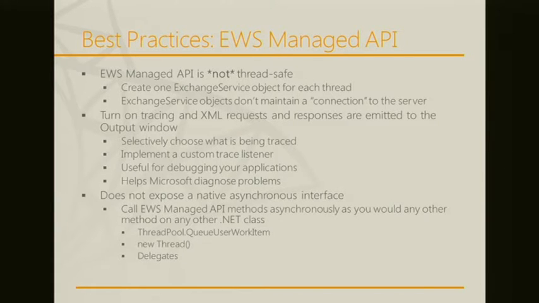You can make use of traces, because they emit XML requests and responses. You can hand them over to Microsoft support, which can tell which schema version it's using, and what attributes and properties have been passed back and forth between the Exchange server and the client. So we are able to diagnose the problem for you.